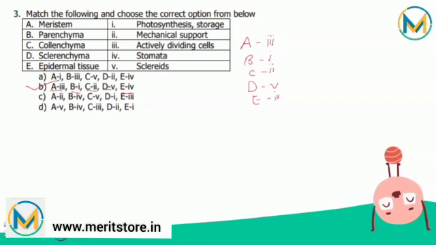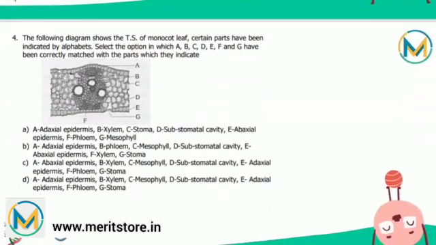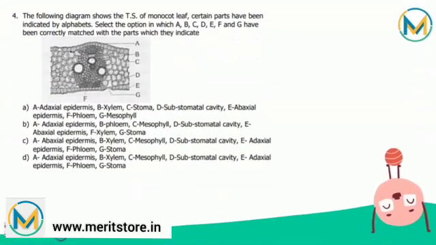Looking towards the next question: the following diagram shows the TS of a monocot leaf. Certain parts have been indicated by alphabets. Select the option in which A, B, C, D, E, F and G have been correctly matched with the parts which they indicate.